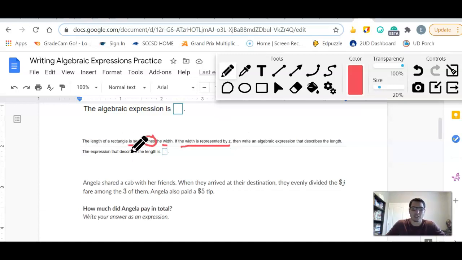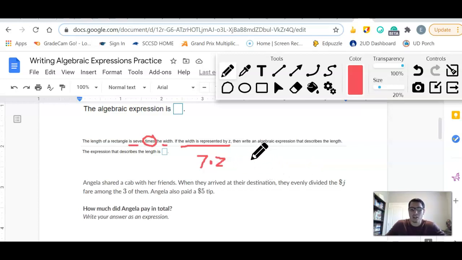So which expression describes this length? It is going to be 7 times z.